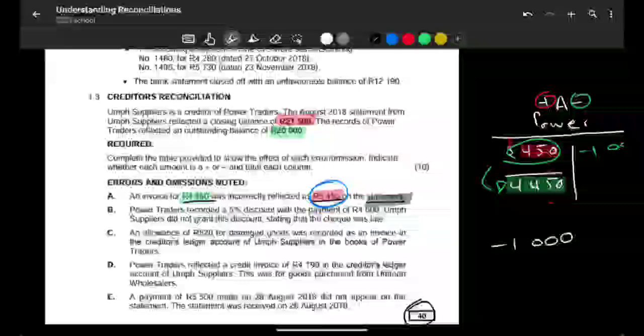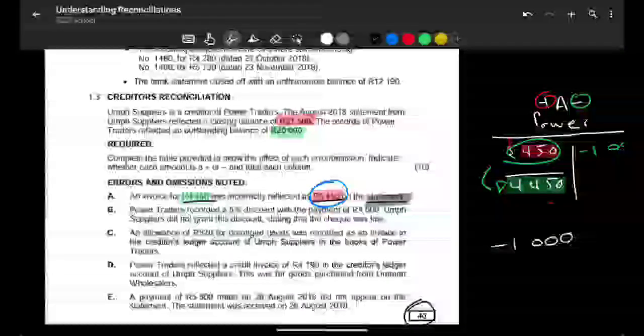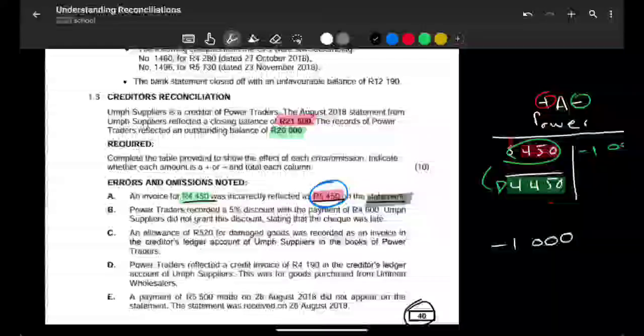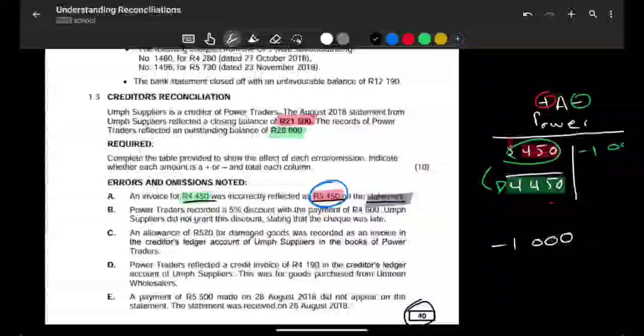Okay, so first things first, who made the mistake? Us or them? We made the mistake, right? As the supplier, you're the one who grants the discount. Think of it when you go to buy a phone cover, right? You go buy a phone cover and then you negotiate.